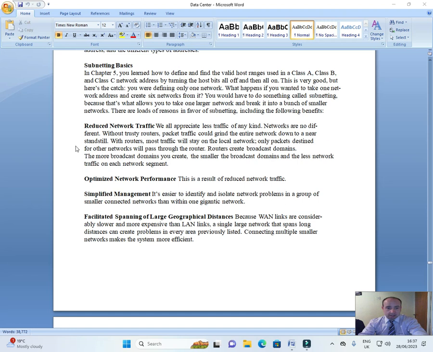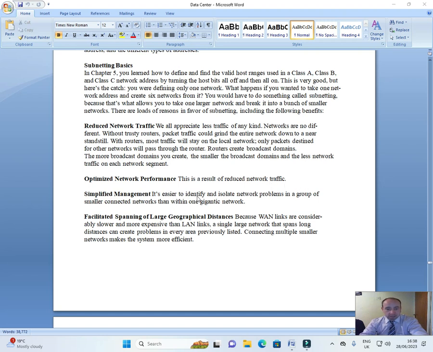Only packets destined for other networks will pass through the routers. Routers create broadcast domains. The more broadcast domains you create, the smaller the broadcast domains and the less network traffic on each network segment. Optimize network performance. This is a result of reduced network traffic.